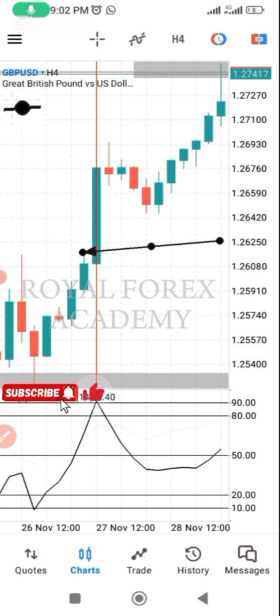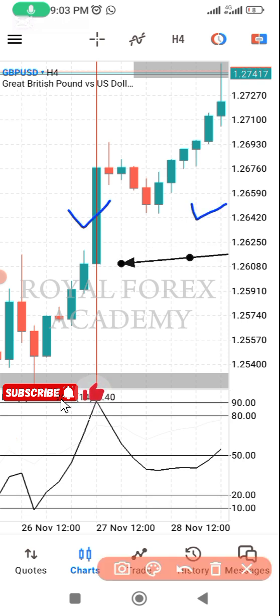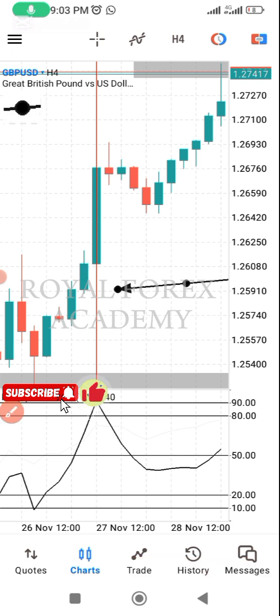Number one is you will mark the high of the previous candle. So this is the previous candle, before this candle, while this bearish candle is the candle after this candle. So you are going to mark the high of the previous candle and the low of the candle after the candle under consideration.